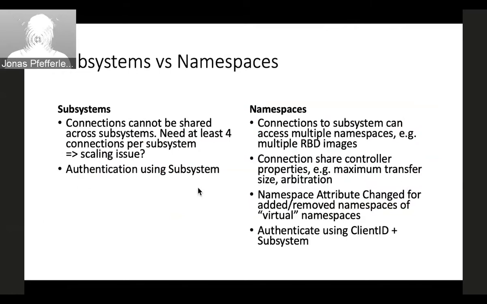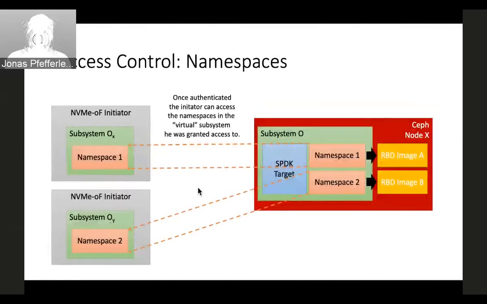And one thing you have to keep in mind here is that, let's say you have a virtualized environment, you have a VM here and you move it to here. You would need to remove the namespace here and create a new namespace in this virtual subsystem here.